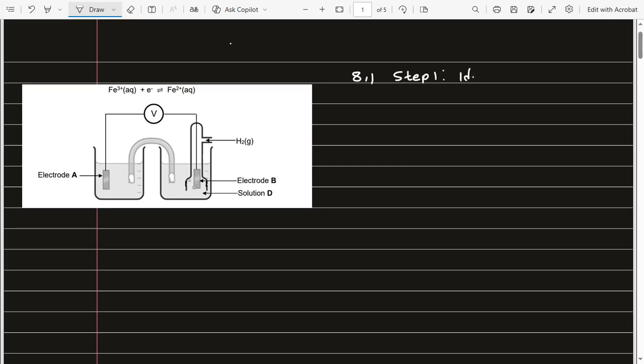Let's identify the right hand half cell.